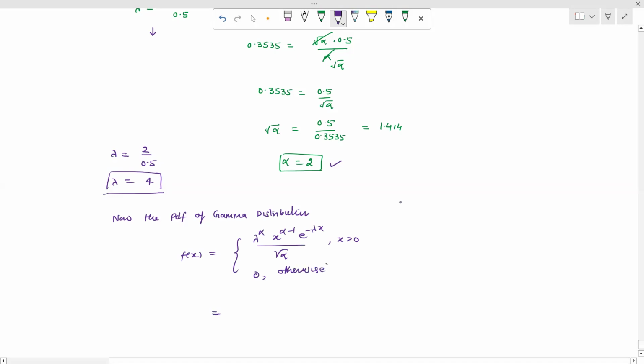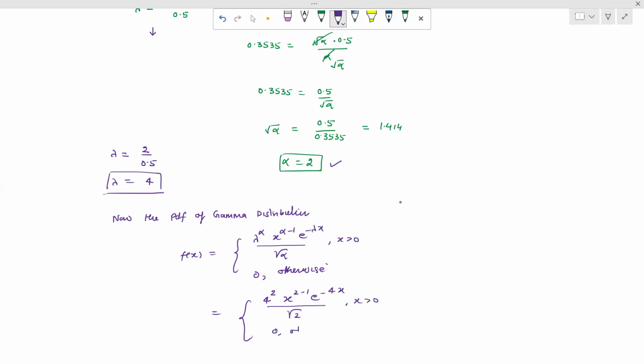So here we put the values of parameters. Lambda value is 4, alpha value is 2: 4 raised to the power 2 into x raised to the power 2 minus 1 and e raised to the power minus 4x upon gamma alpha. Alpha means gamma 2. So x greater than 0 and 0 otherwise.